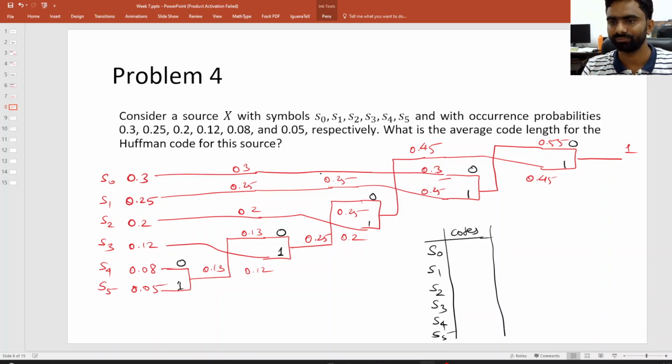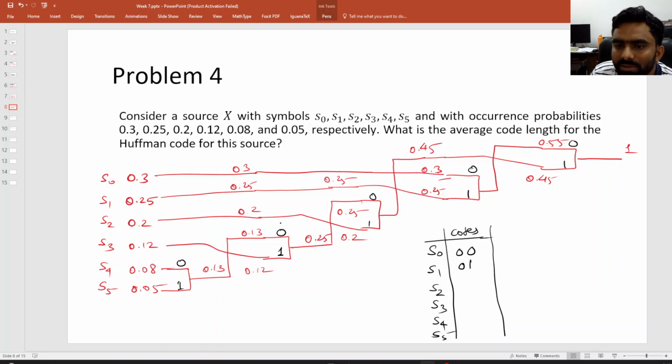Now S0, what is S0? S0 would be 0, 0, 0. S1 would be 1 and 0, so 0, 1 as we are backtracking.